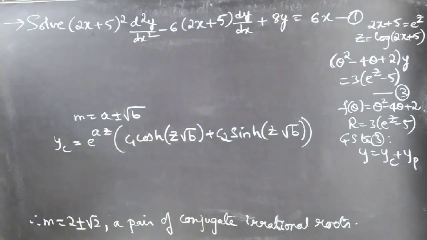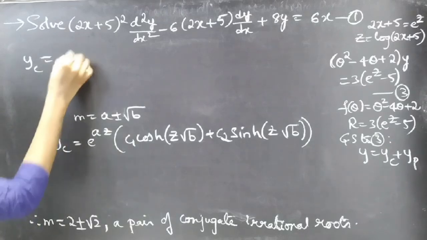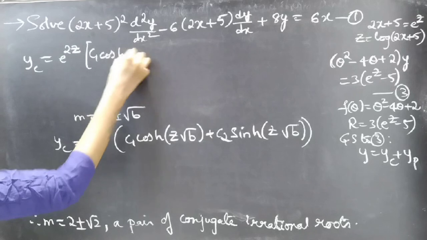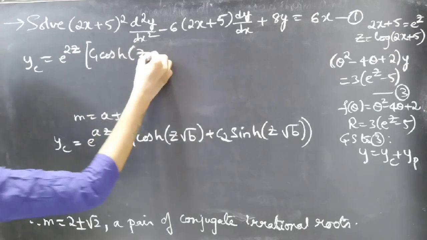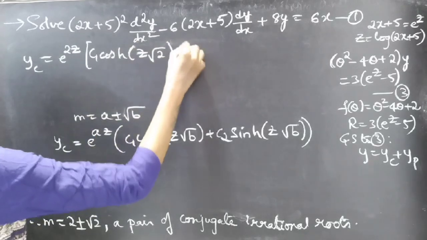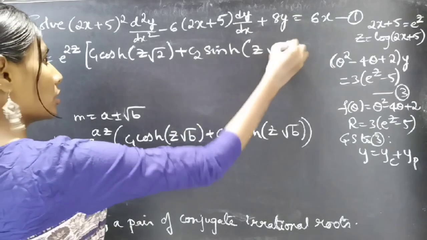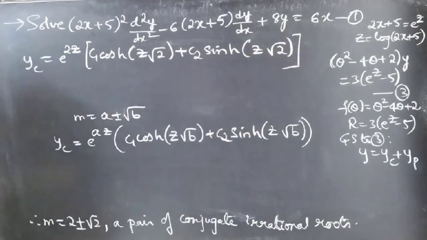Okay, fine. Now just compare these two and write yc. You'll get yc equal to e^(2z) into (c1 cosh(z√2) plus c2 sinh(z√2)). So this is a complementary function.